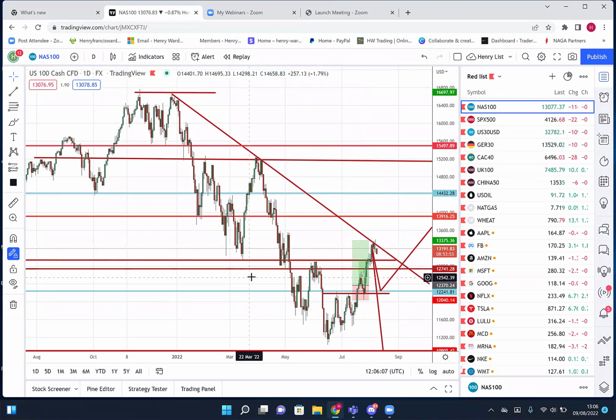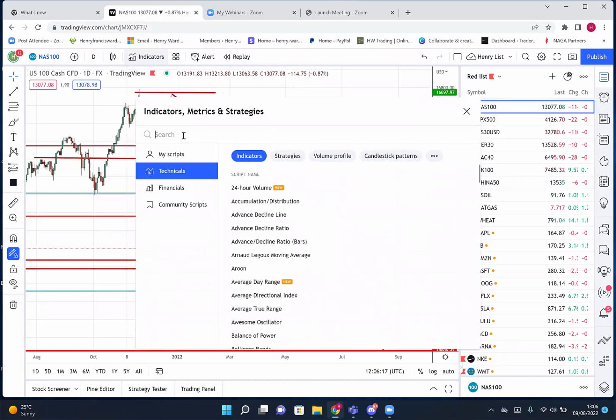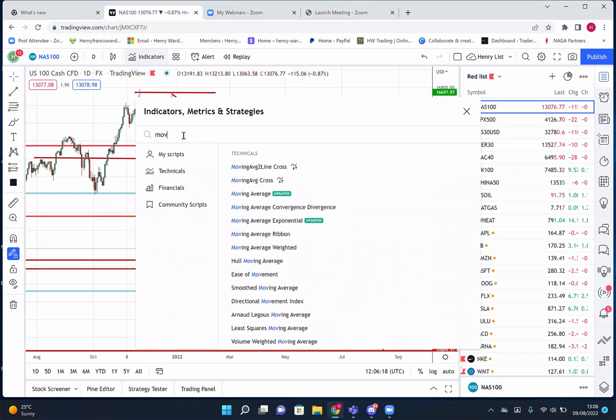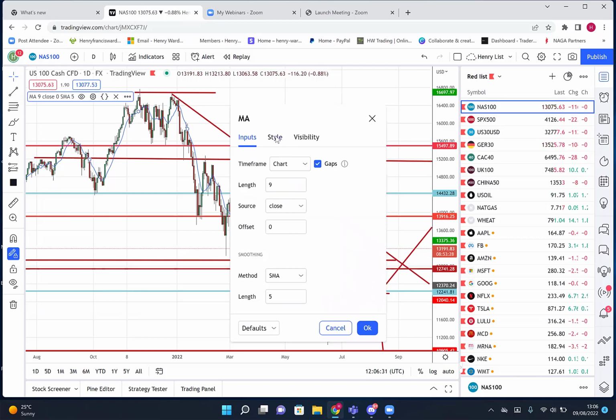Now, a lot of people are looking at this and going, well, is that trend line strong enough to hold this? But when you put in a couple of indicators, like the moving average, it starts to become a little clearer once we start adding in some stuff.